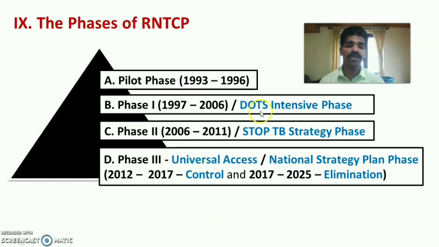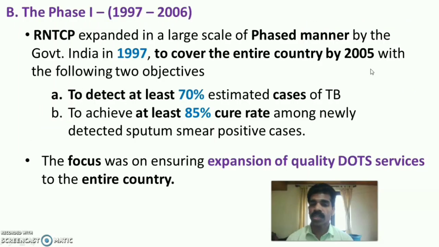So let us start the session with phase 1 of RNTCP, between 1997 to 2006. This phase is also known as the DOTS intensive phase. Phase 1 of RNTCP was started by the Government of India in 1997 to expand the RNTCP program on a large scale in a phased manner. The intention was to cover the entire country with the RNTCP program by 2005, with the following 2 objectives.